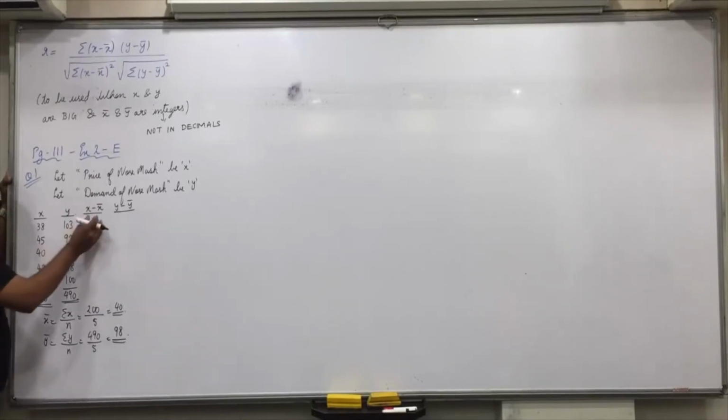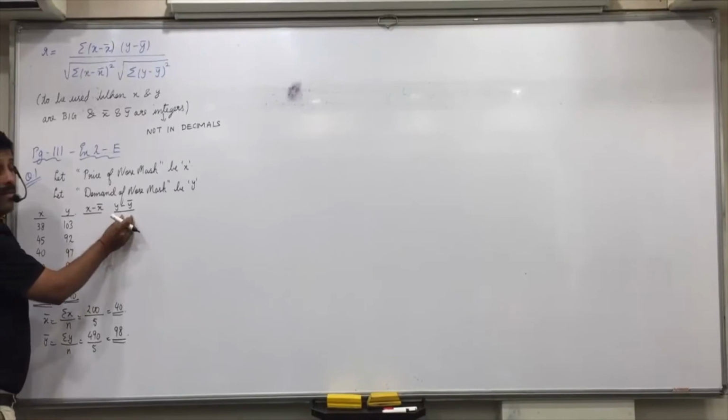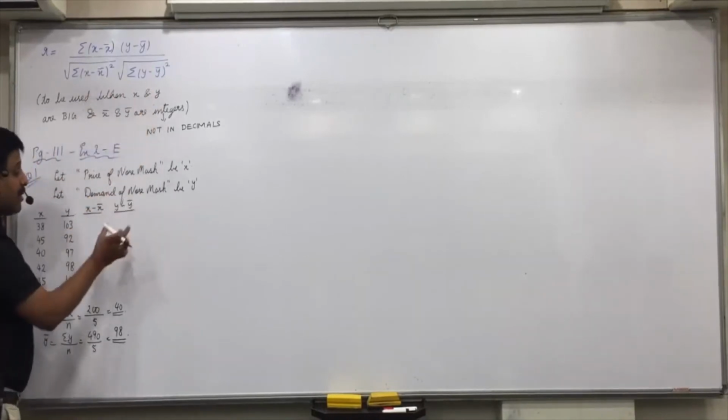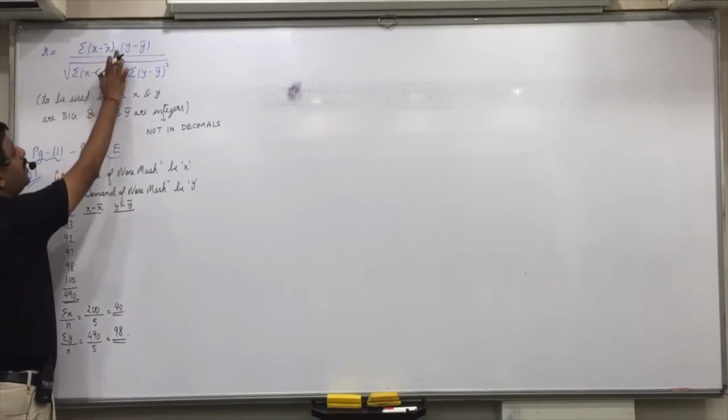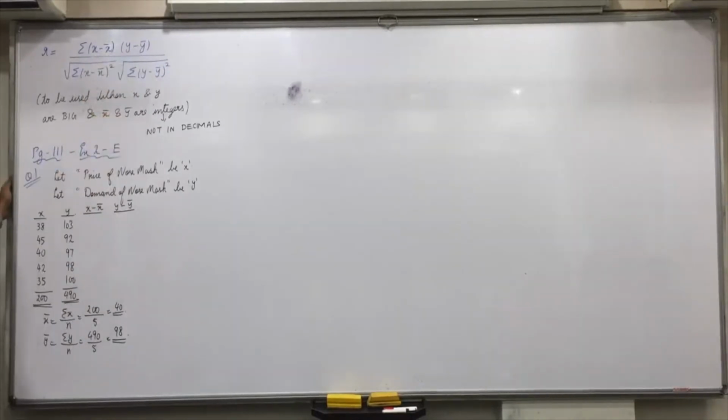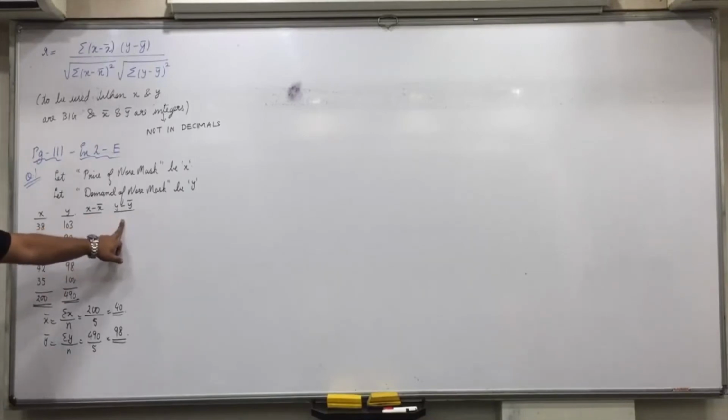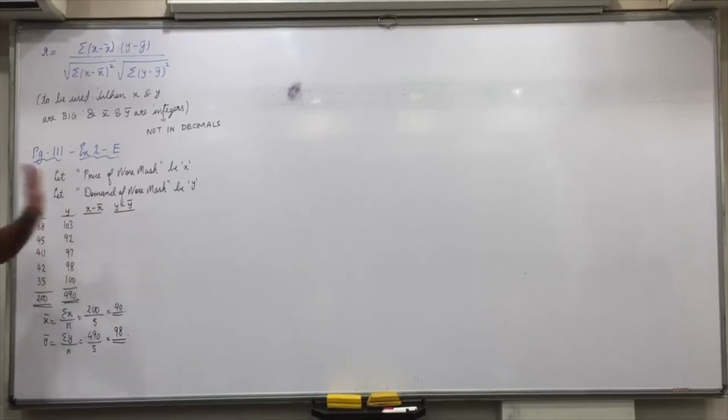Here we require squares of x minus x bar and y minus y bar, and we require the product of these two. Throughout the chapter we require the same 3 workings: squares of x minus x bar, y minus y bar, and the product of x minus x bar into y minus y bar.